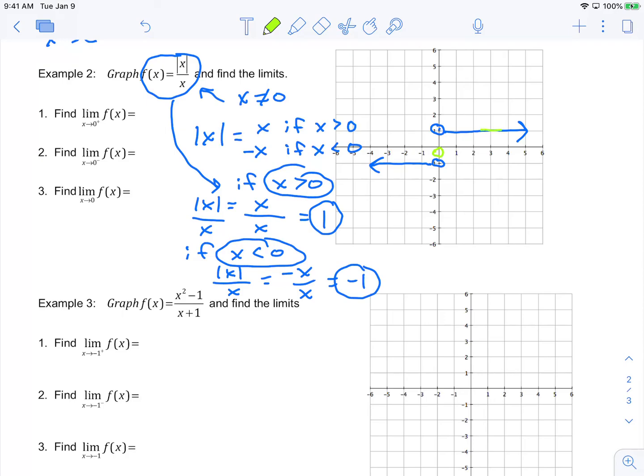So as I approach from the right, looks like I'm heading towards this point right there. So that's going to be 1 for the y value. If I approach from the left, so find the graph to the left of x equals 0, and so we're going to go this way. We're approaching from the left side, and as I approach from the left side, we're heading to this value. Even though there's a hole there, we're headed to a value of y equals negative 1.